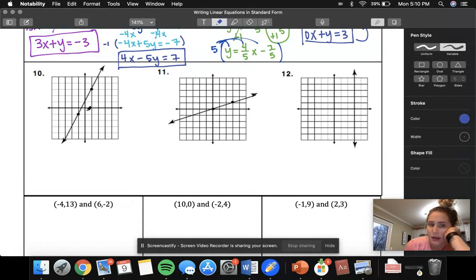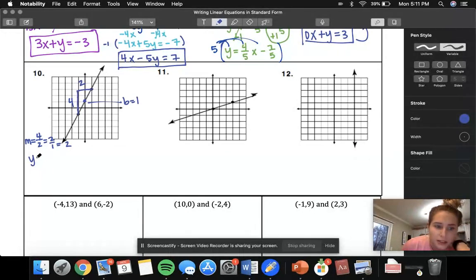Okay, so for this problem right here, first we need to find the slope. 1, 2, 3, 4, and 2. Okay, oh, it looks like it has a good y-intercept. So the slope is a 4:2 ratio, or 2:1, or just 2. Okay, I also actually know my b value, so my b value is 1.